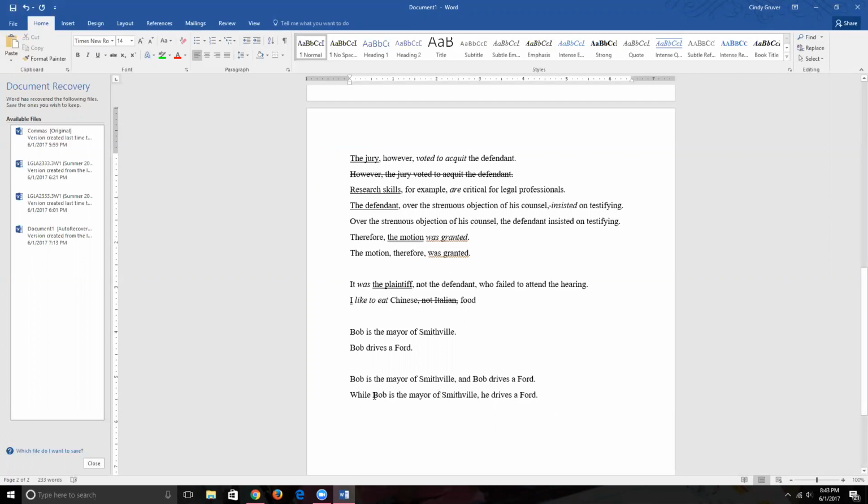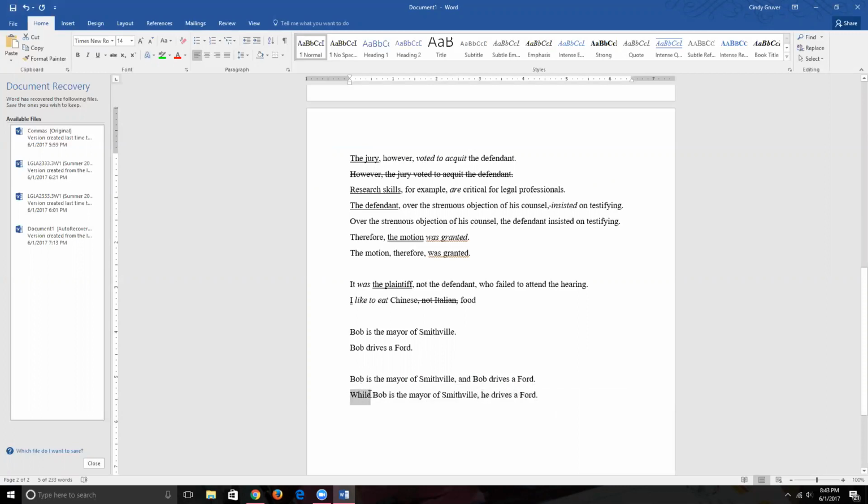So this was an independent clause. It has all the elements. We have a noun, a subject, Bob. We have a verb, is. We have a complete idea. Putting while in front of it, though, subordinated that conjunction. We still have an independent clause here. And we have both facts in here.